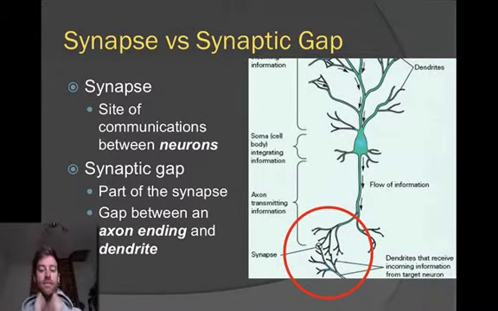And you can see that here. Okay, you can see the direction of the message as it comes through the dendrites at the top, through the cell body, through the axon, into the axon terminals, and connects there at the synapses in that red circle. Okay, the synapse, and the dendrites of another neuron pick that up.